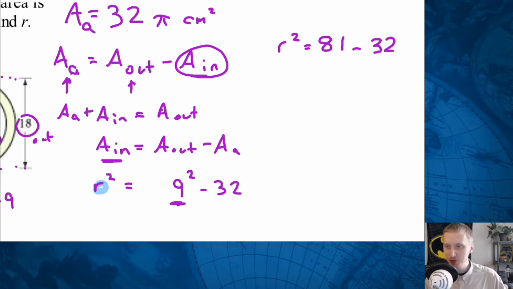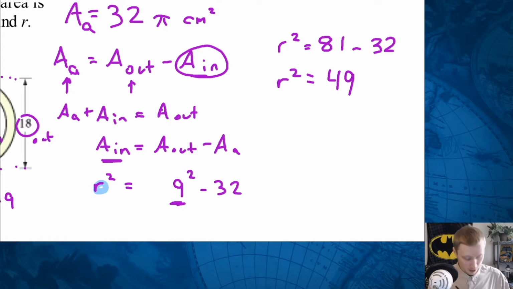We really reduced this down. 81 minus 32. Let's see, 81 minus 30 would be 51. And so 2 down from 51, 50, 49. I believe the answer is 49. And by answer, I mean, of course, r squared is equal to 49. Okay, quick little mental arithmetic there.